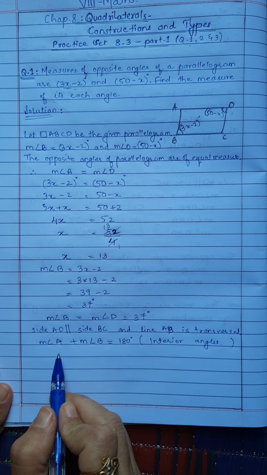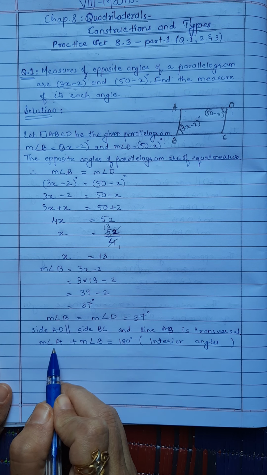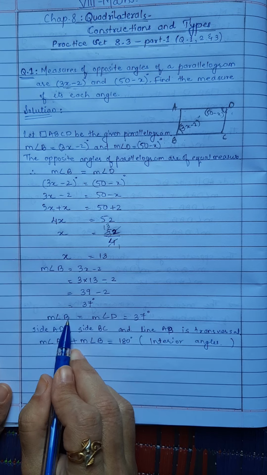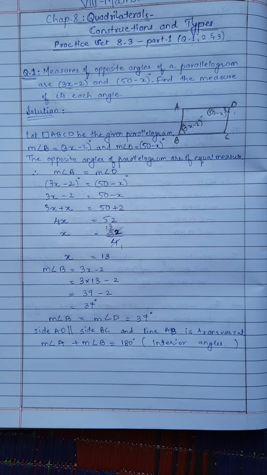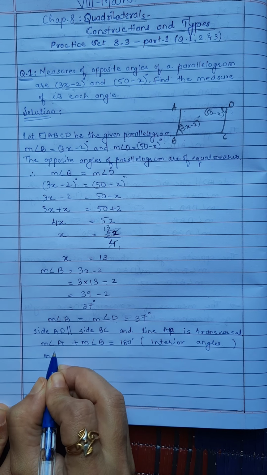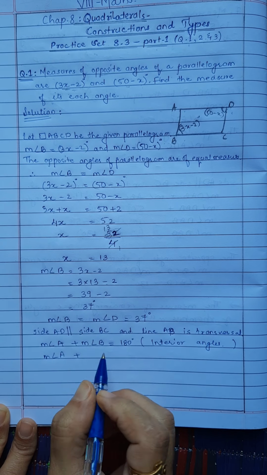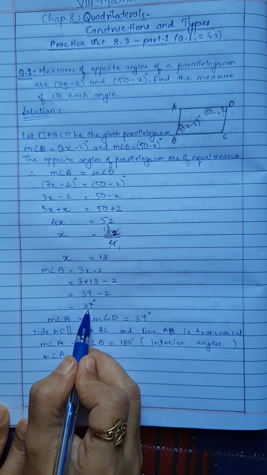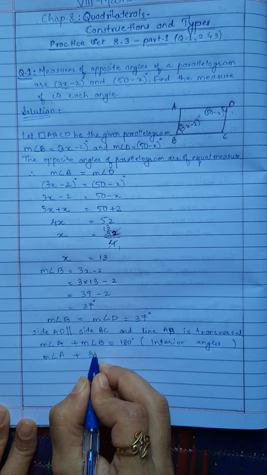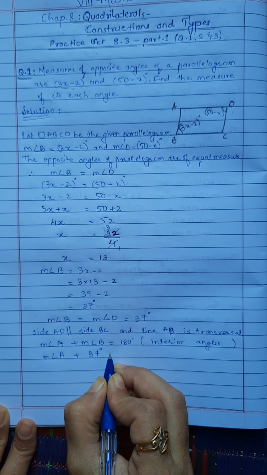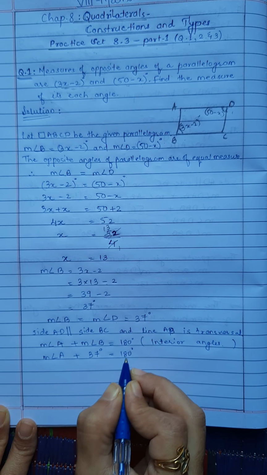Now we have measure of angle B and D here. Keep measure of angle A as it is plus measure of angle B, you got 37 degree. So write instead: measure of angle A plus 37 degree equals 180 degree.